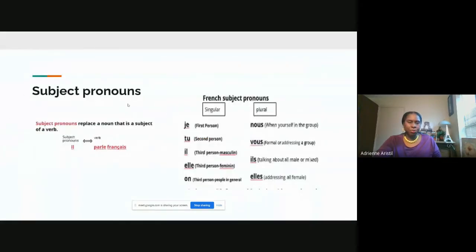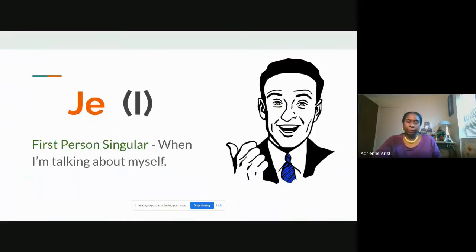These are some scenarios about subject pronouns, and I'm going to give you the details in the following slides. Je is the first subject pronoun in French, which means I. First person singular.